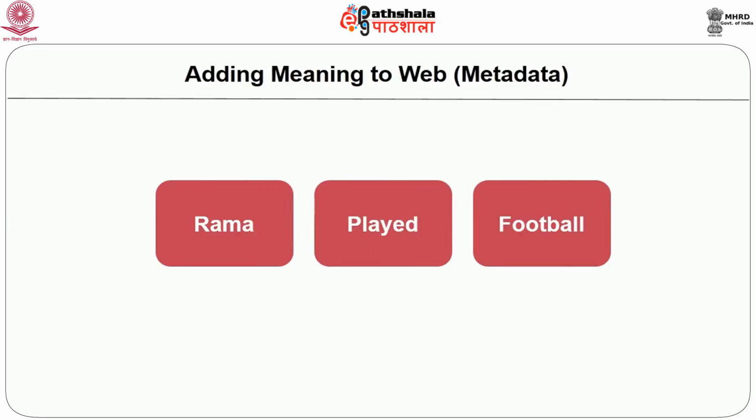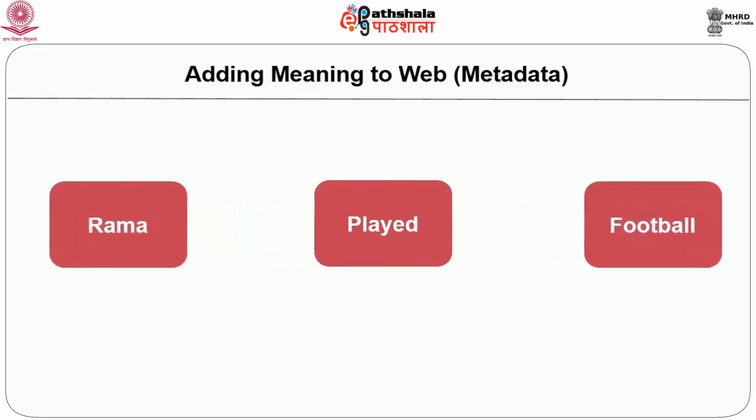Rama is separate, the word played is separate, and football is separate. Even tomorrow I can have Rama kicked the football, or Rama picked up the football, or Rama headed the football. All this can be stored as a relation between these two. This is how the semantic concept evolved.